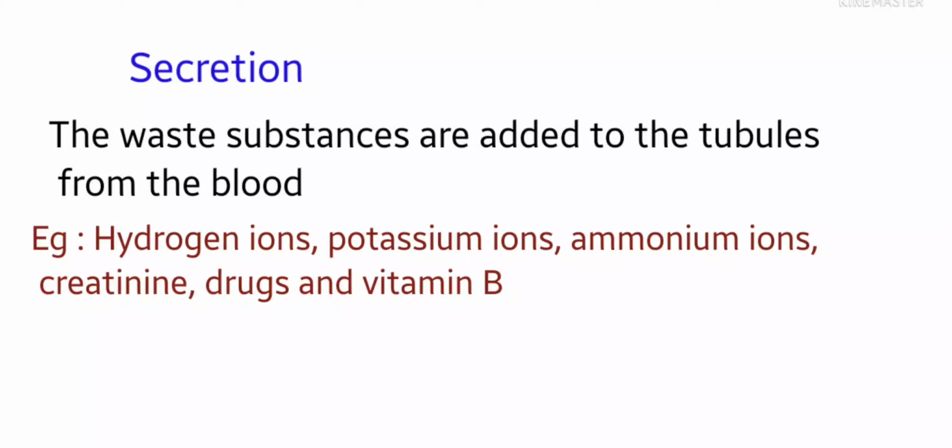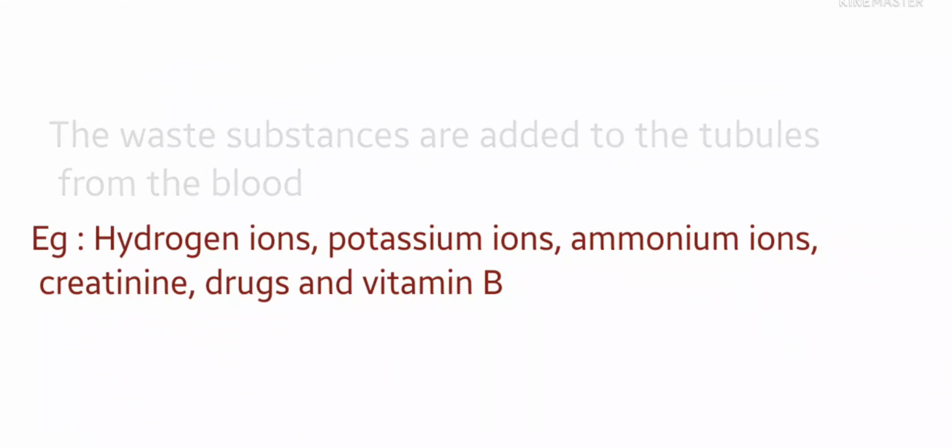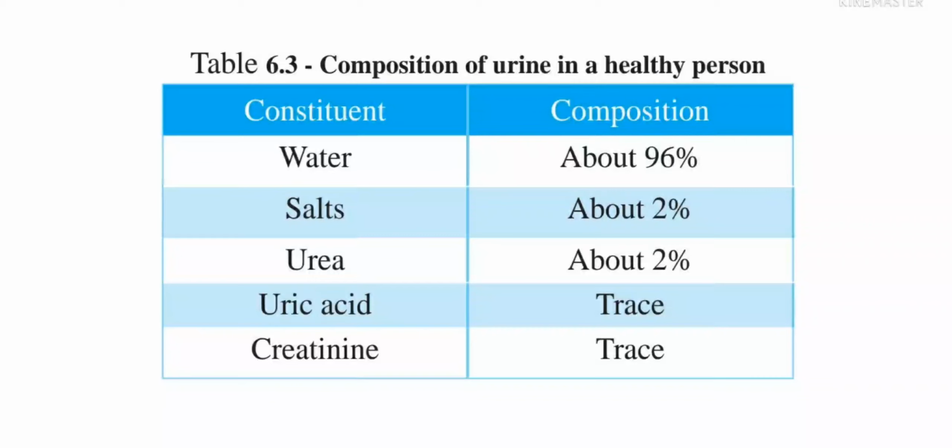For example, hydrogen ions, potassium ions, ammonium ions, creatinine, drugs, and vitamin B. When we look at the composition of urine in a healthy person, about 96% is water, 2% salts, 2% urea, trace amounts of uric acid and creatinine are found.